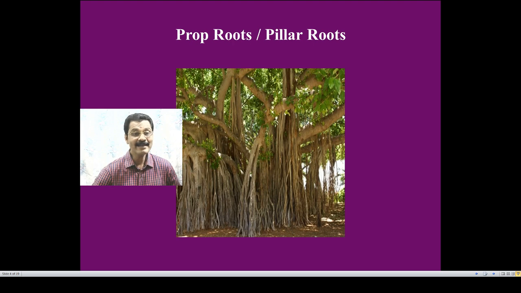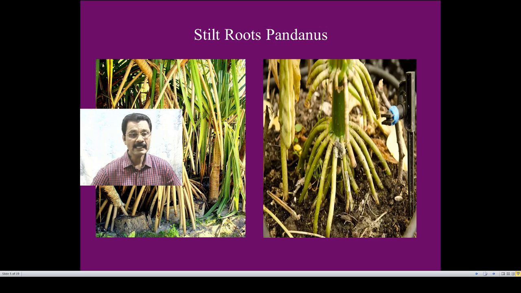Example, Ficus bengalensis. You can see huge prop roots. And these prop roots are otherwise called pillar roots. It gives mechanical support like pillars. Hence these roots are called prop roots. Example, Ficus. Then stilt root.